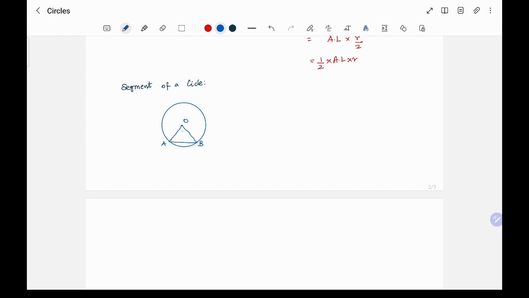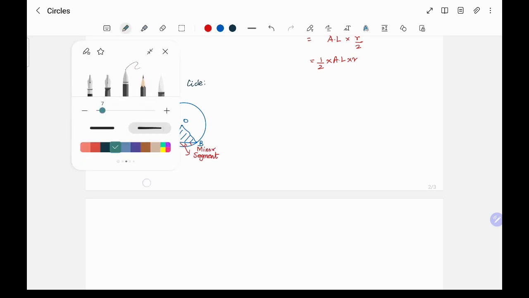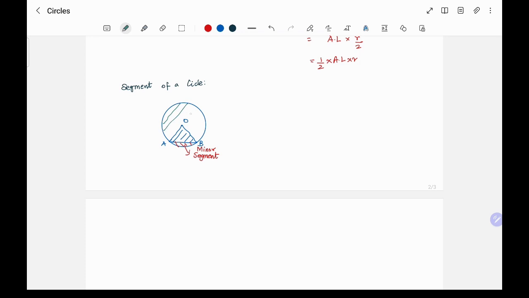If we remove this triangle, right, whatever is remaining is the segment. So this will be the minor segment, and this entire portion will be the major segment. Okay.